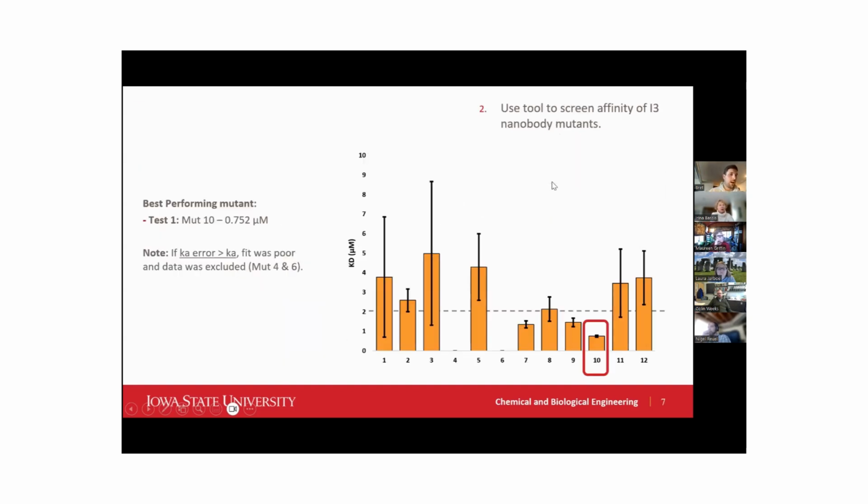After that, I moved on to using the screening tool to test a variety of different nanobody mutants. This I3 nanobody we've been working with has a very low affinity at 2 micromolar, so ideally we'd like to engineer it to have a higher affinity.